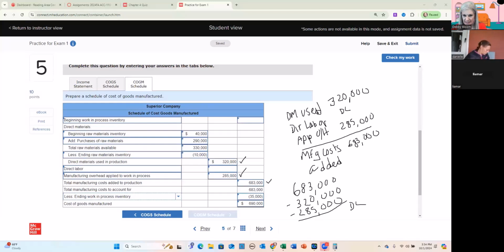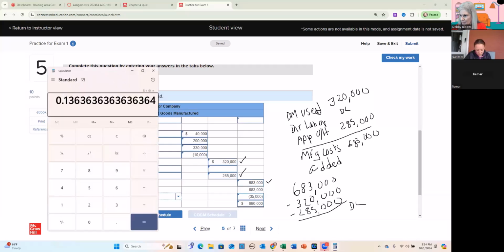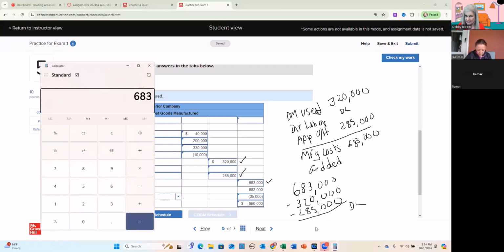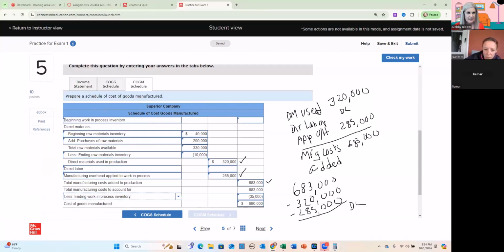Bringing up my calculator, 683,000 minus 320,000 minus 285,000 comes down to 78,000. So I believe my direct labor is going to be 78,000.